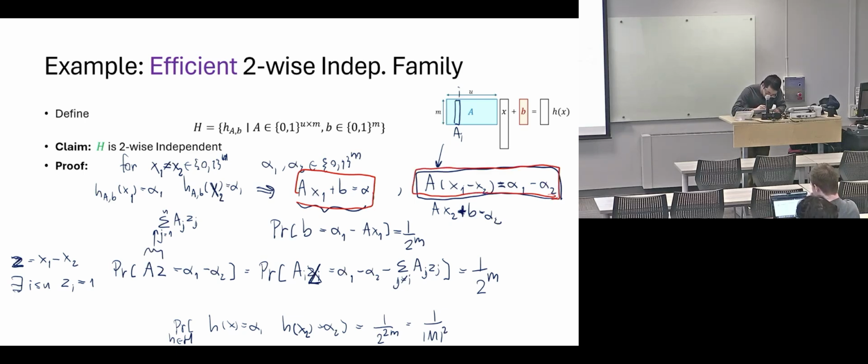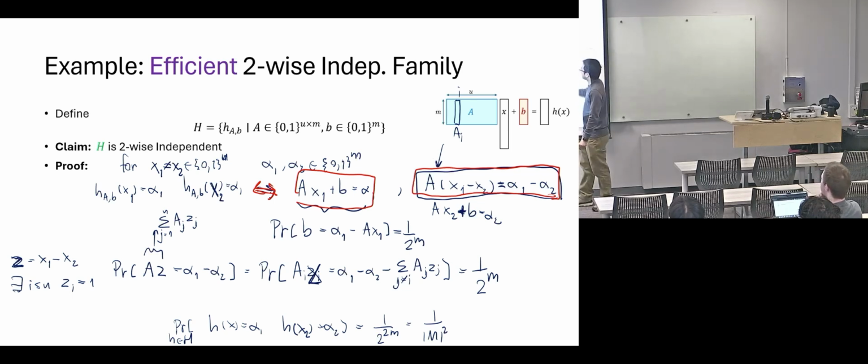Actually, I should say that if these two events happen, then this thing happens. Like this is if and only if, actually, because if this and this are true, it implies this thing. And if these two things are true, it's just from the definition that this is the case.